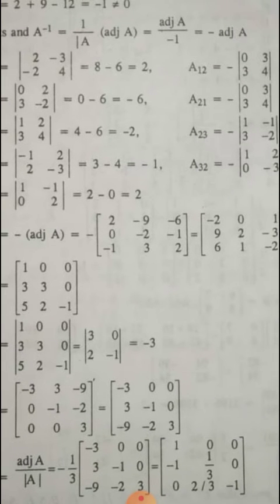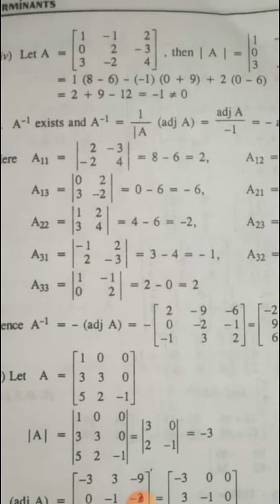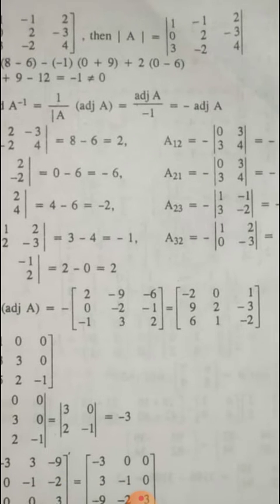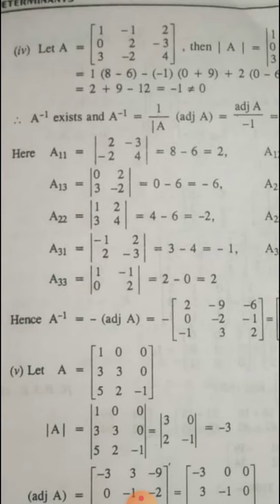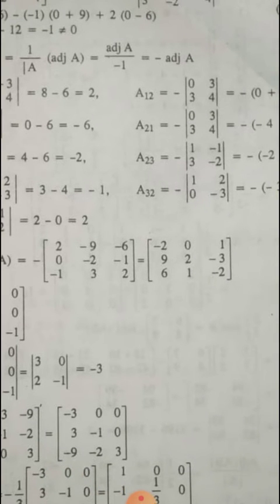Arranging these cofactors at the places of the elements A11, A12, A13, then transposing the matrix we get the adjoint of matrix A, and we have the determinant of A equal to minus 1, so putting into the formula A inverse is equal to adjoint of A upon determinant of A. Determinant value is minus 1, so multiplying with minus 1 in this adjoint matrix we get the final matrix [-2 0 1; 9 2 -3; 6 1 -2].